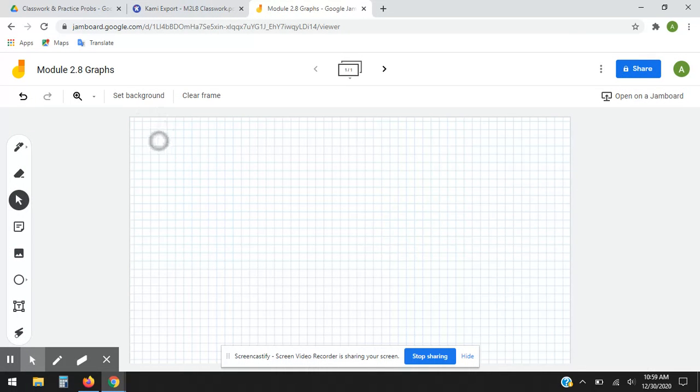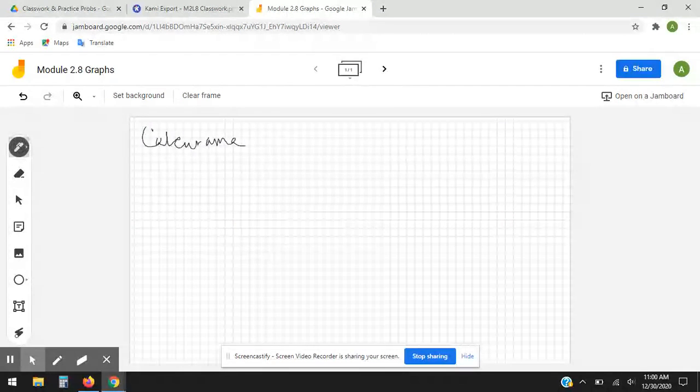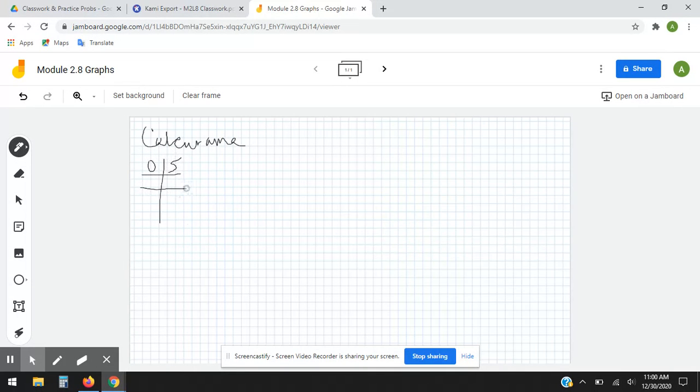So let's get a pen going here. Calcurama. So they're going to have, let's be a little more accurate, the table of 0, 5, 1, 5.5, 2, 6, and 3, 6.5.